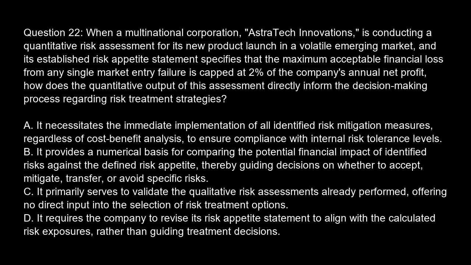Option C. It primarily serves to validate the qualitative risk assessments already performed, offering no direct input into the selection of risk treatment options. Option D. It requires the company to revise its risk appetite statement to align with the calculated risk exposures, rather than guiding treatment decisions.